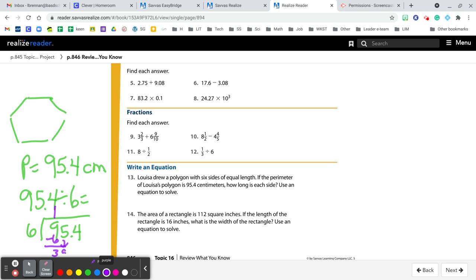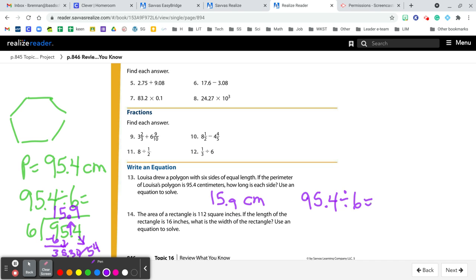Subtract, compare, bring down. 6 goes into 35 5 times. Minus 30 is 5. Sorry about that. Bring down my 4. 6 goes into 54 9 times. Don't forget, put your decimal where it belongs. It's lined up. So we're going to wind up with 15.9 centimeters. And we got that by doing 95.4 divided by 6.